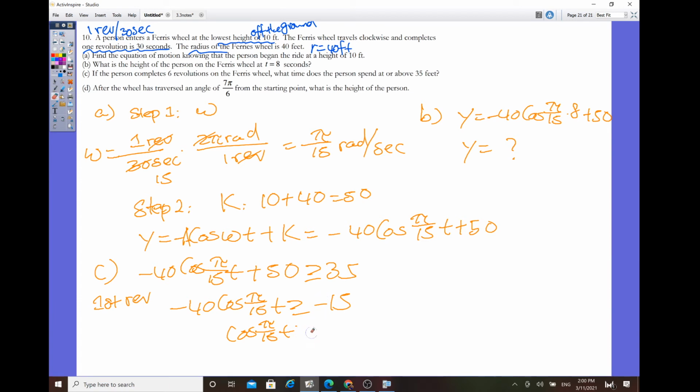So this turns out to be less than or equal to 15 over 40, which is 3 over 8. And then just do it on the calculator and see what that is. So inverse cosine of 3 over 8 in radian form, less than or equal to pi over 15 times t.